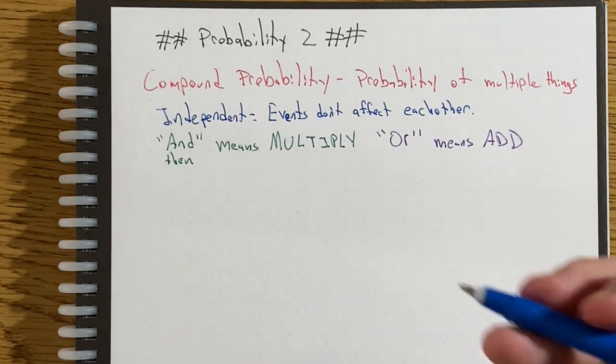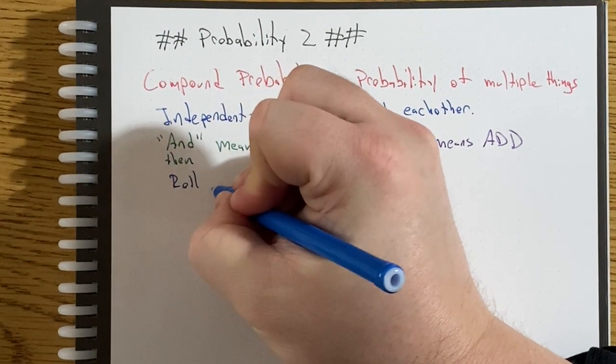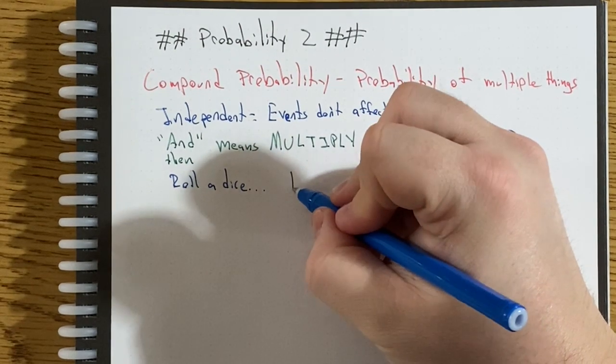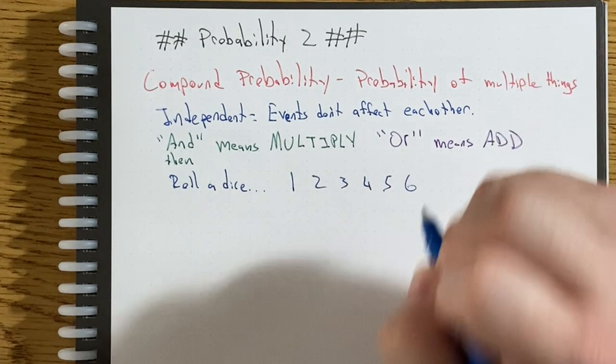So let's say if we're going to roll a dice. And you guys know, usually it comes 1, 2, 3, 4, 5, 6.